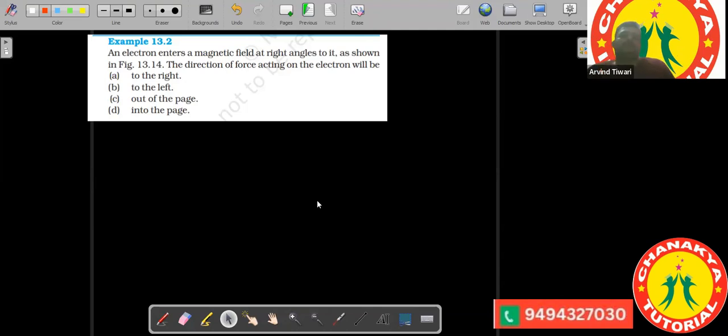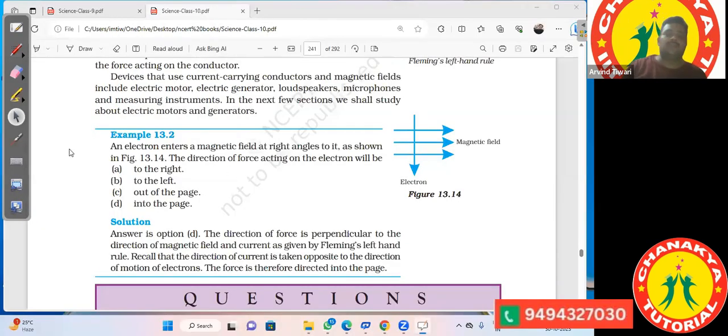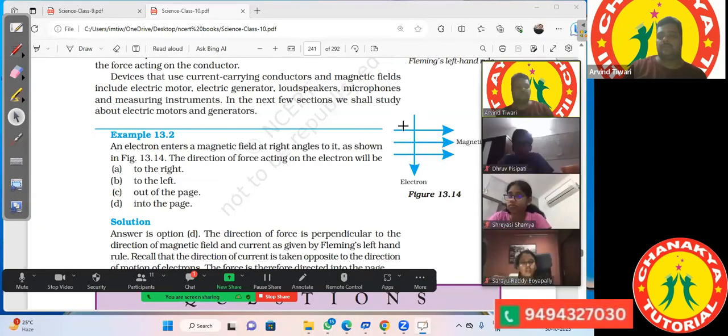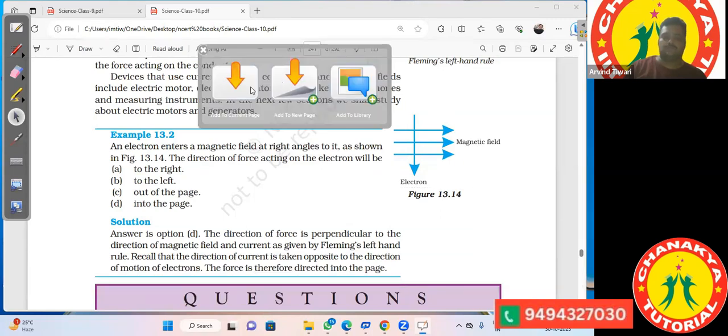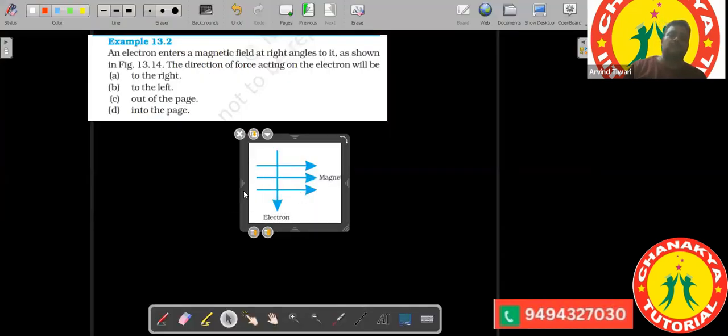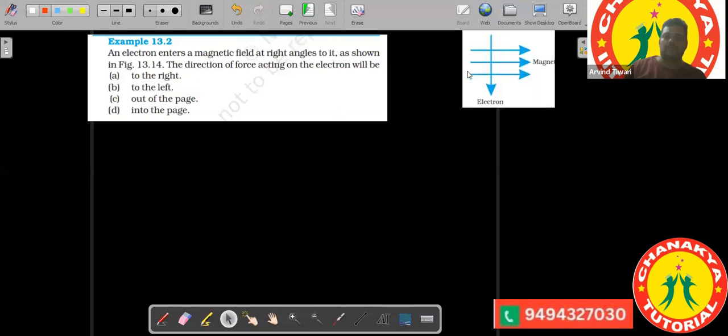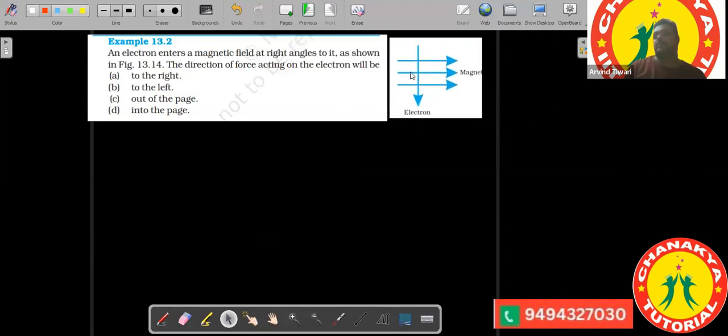What will be the direction of force acting on the electron? Let me give you the diagram also. So use your left hand rule.